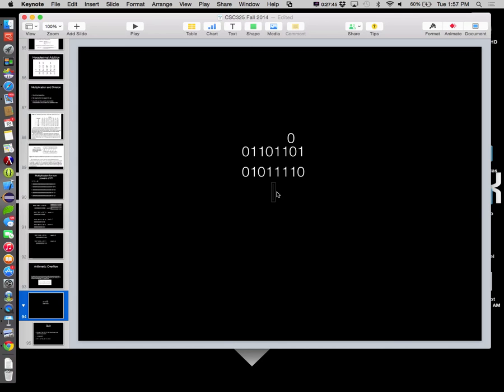1 plus 0 is 1. 1 plus 0 is 1. 1 plus 1 is 0, carry the 1. Oh, that's where I messed up. 1 plus 1 is 1, carry the 1. 1 plus 1 is 0, carry the 1. 1 plus 1 is 0, carry the 1. 1 plus 1 is 1, carry the 1. 1 plus 0 is 1.